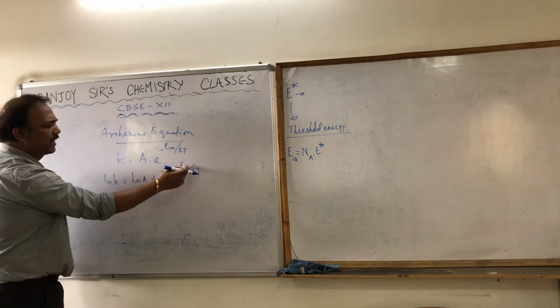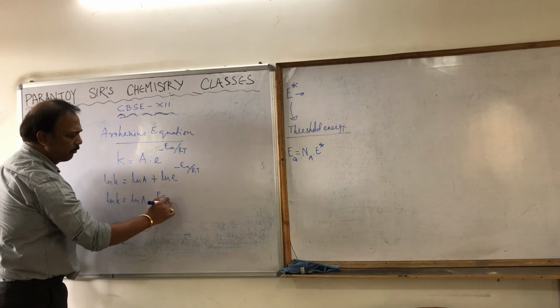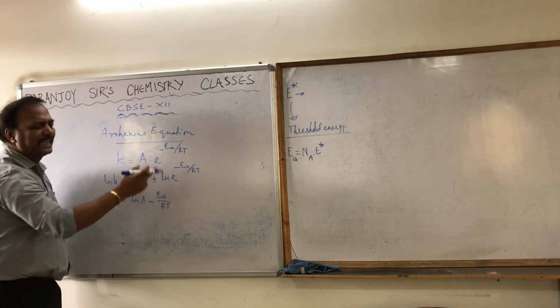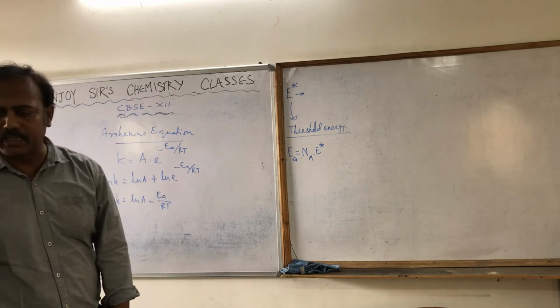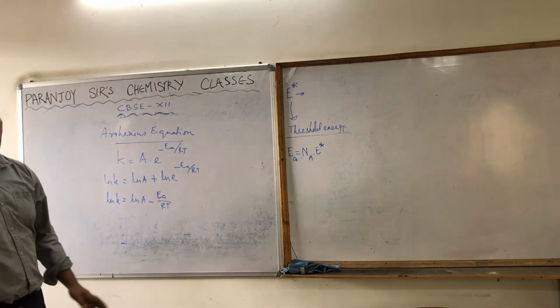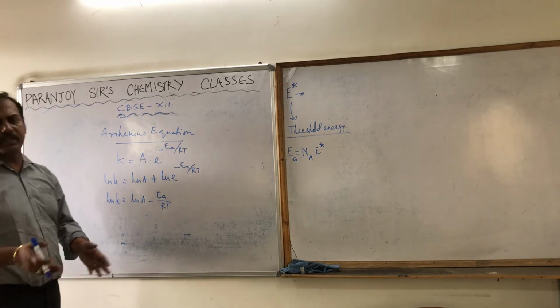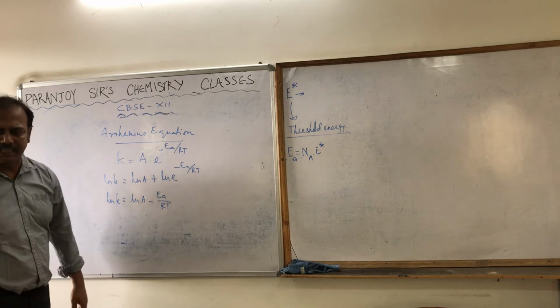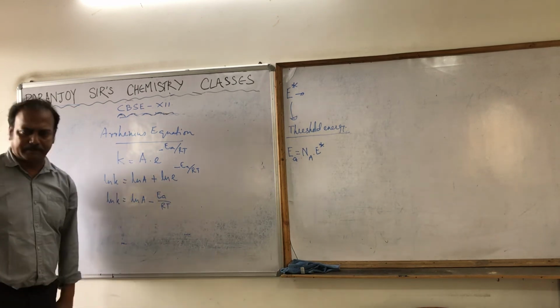So it is minus Ea by RT ln e. Ln e is nothing but 1. Log 10 is 1, but ln e is 1, because log is to the base 10 and ln is to the base e. So ln e is 1, and the equation becomes like this.